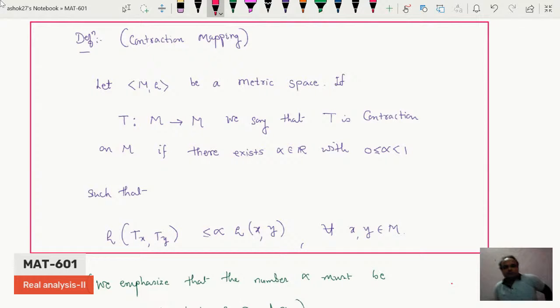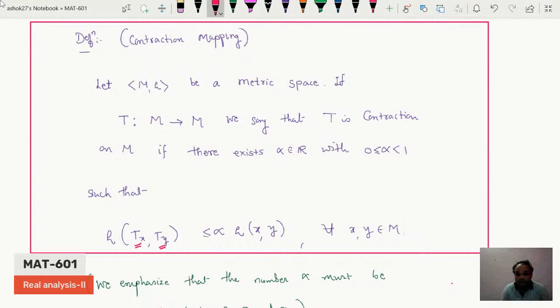So what is a contraction mapping? Let (M, rho) be a metric space and T a mapping from capital M to M. We say that it is a contraction on M if there exists a real number alpha satisfying 0 less than or equal to alpha less than 1, such that rho of Tx, Ty, where Tx is T of x and Ty is T of y, so the distance between Tx and Ty should be less than or equal to alpha times the distance between x and y.